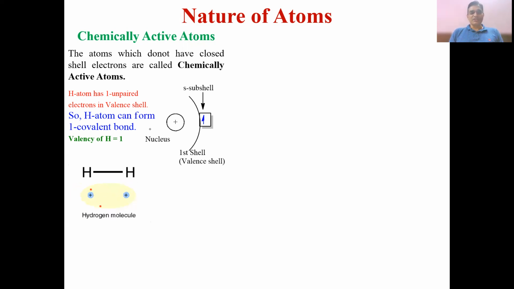So the H atom is unstable. To acquire stability, the two H atoms come closer to each other, resulting in the formation of a bond. Now each of the H atoms has two electrons in the overlapping area, where we represent a bond by a single line.